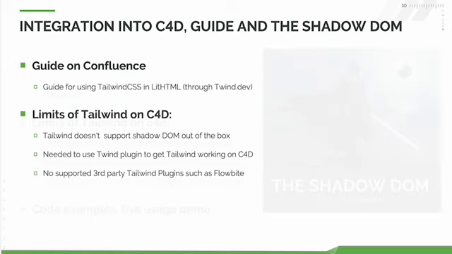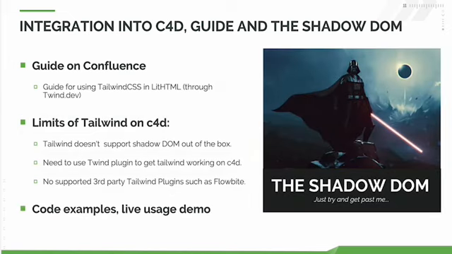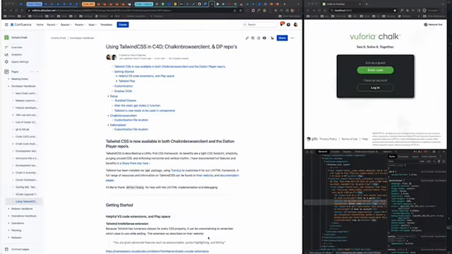So why is this? We have the shadow DOM. Shadow DOM's a real difficult thing for a CSS developer. I mean, you can get around it, but it can be challenging. All right, so this is the page I've written on Confluence.